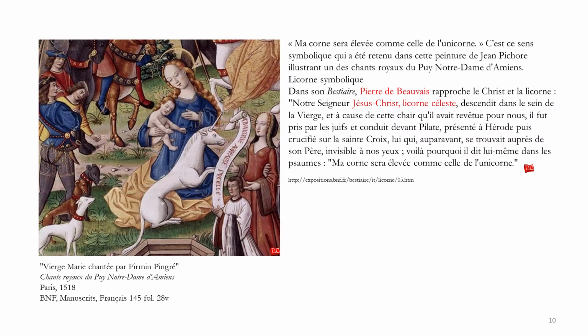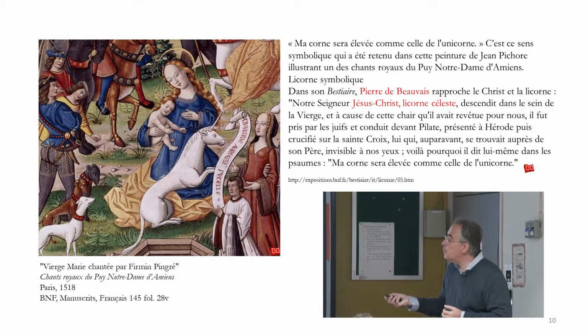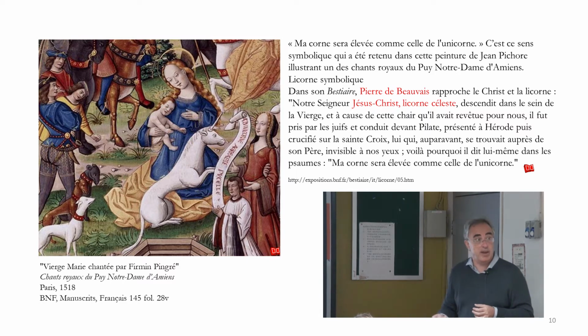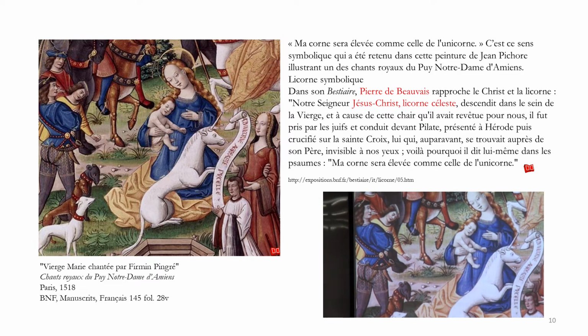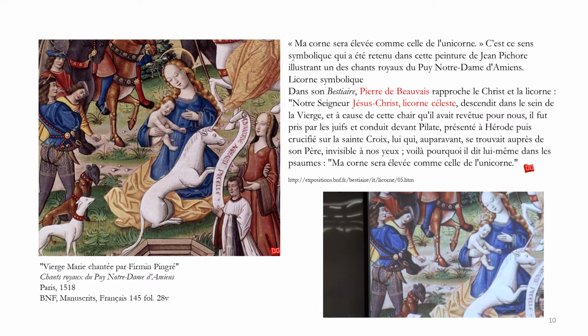And for a while, they interpreted the image of the Virgin not as Virgin Mary, as we might expect, but rather as an image of the incarnation of Jesus, of God incarnated as human. So Jesus is both the unicorn and the Virgin. So this was an early Christian allegory that would, however, develop into something more common or easier to expect.